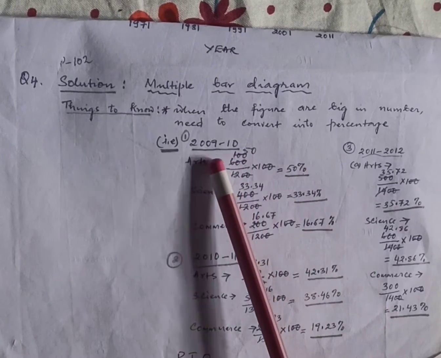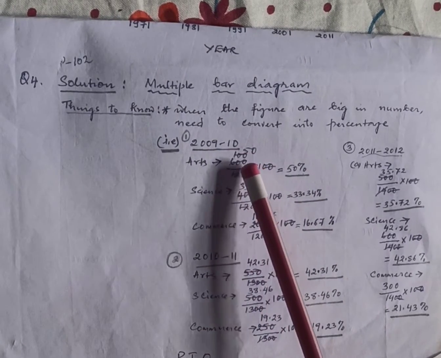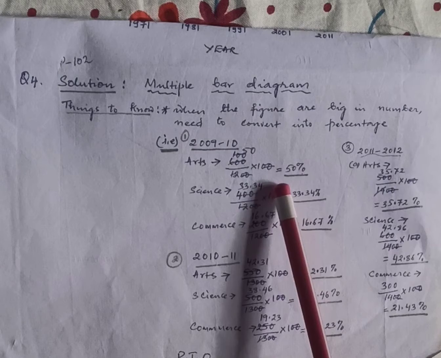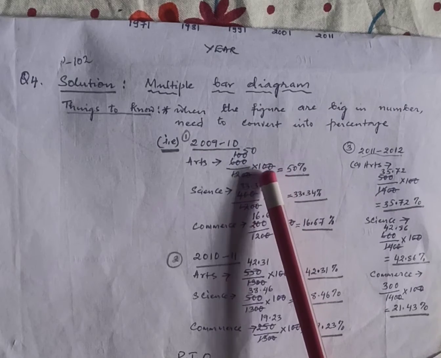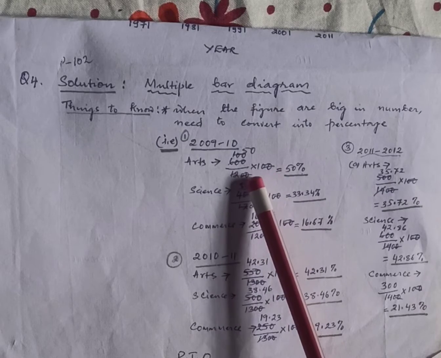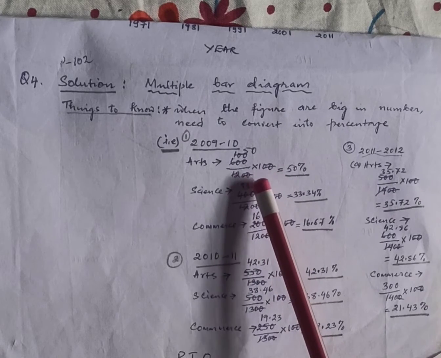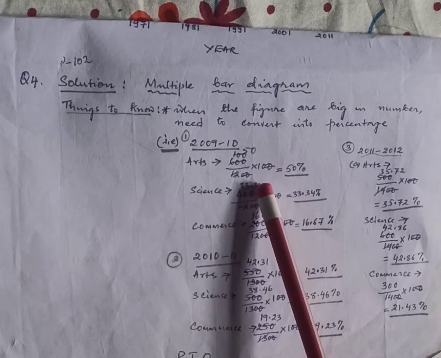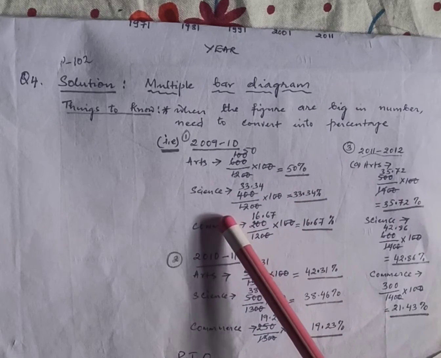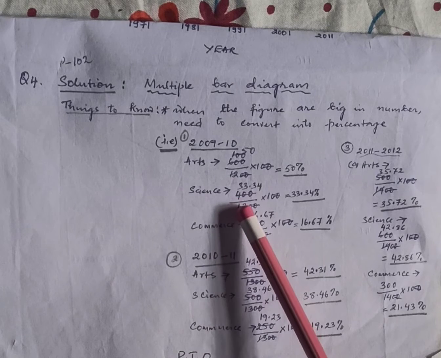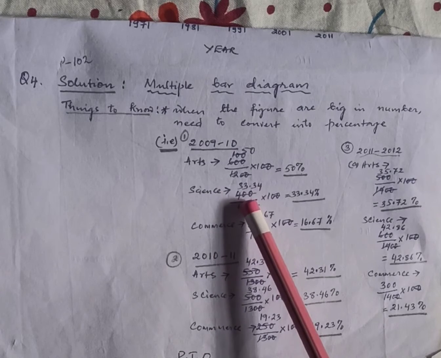I take 2009-10 and calculate the amount of faculties from those numbers. Arts is 600, science is 400 and commerce is 200. When I add up, I get the total of faculty, that is 1200.